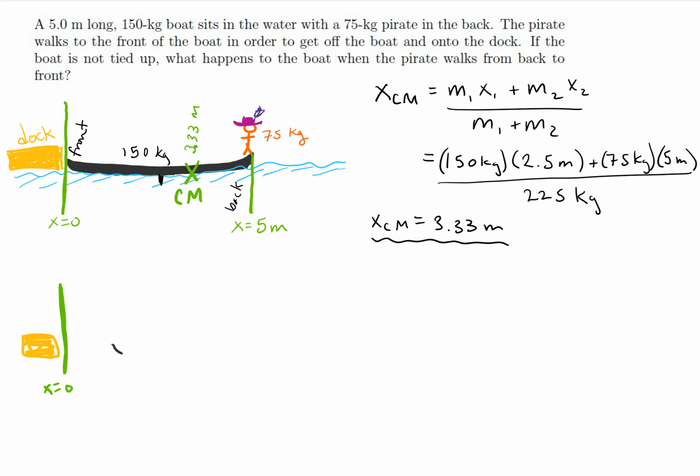So the boat's actually going to end up somewhere over here. And the pirate is going to be here. And the pirate's sad because he was trying to get off and onto the dock, but now he doesn't get to. Poor guy. Or she. I guess I shouldn't be sexist. Could be a female pirate.